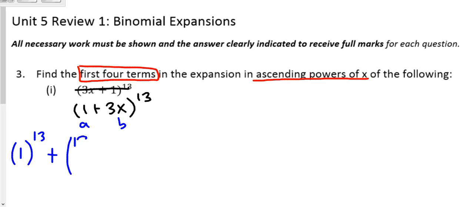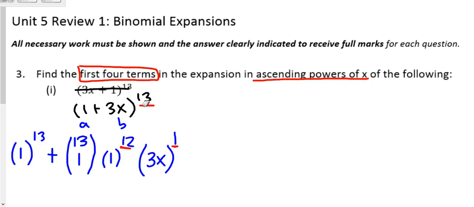So we have 13 choose 1, then we have 1, count down to the 12th. Now we add b. b, which is 3x, don't write b. You need to actually write the context of the problem. So 3x to the first. I can check that my powers are correct because 12 plus 1 is 13.